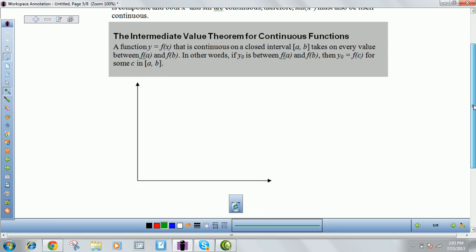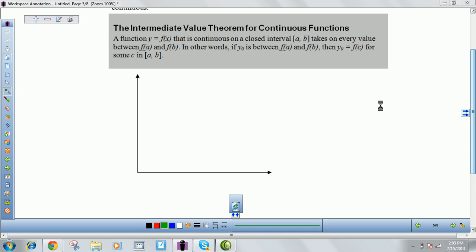And then lastly, before we do some examples here, a pretty important theorem here, simple to understand.